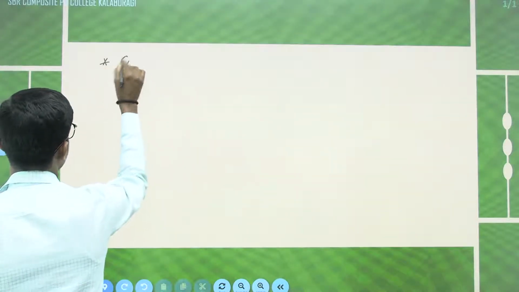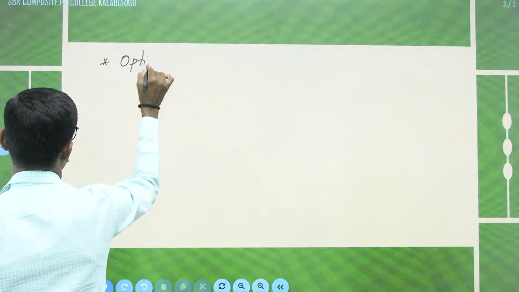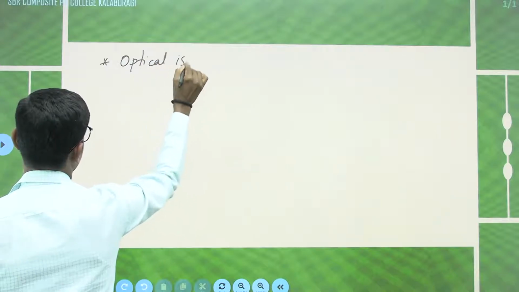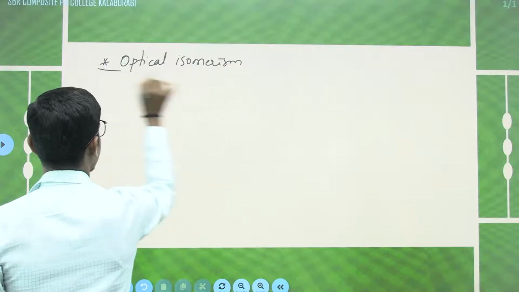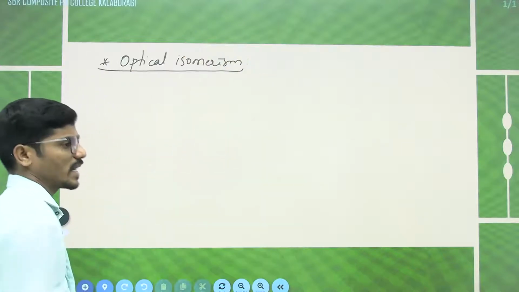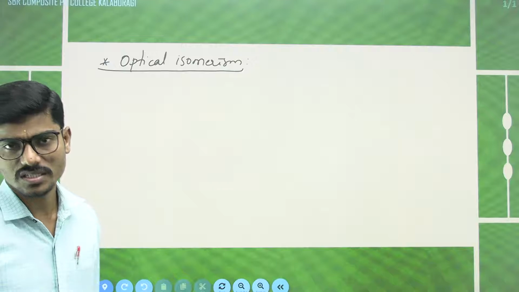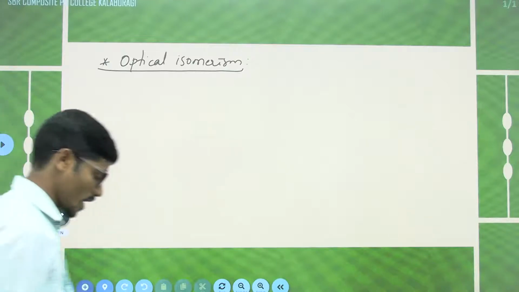One more type is optical isomerism. Regarding optical activity, we explained it in the last topic, haloalkanes and haloarenes.